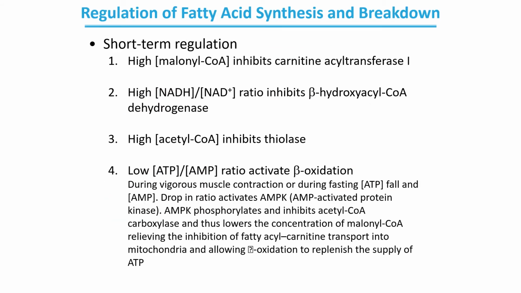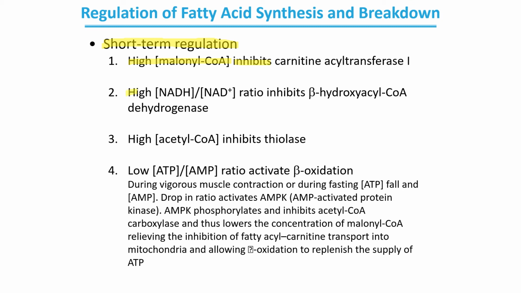Next is the short-term regulation of beta oxidation, and there are mainly three molecules that inhibit it. High malonyl CoA will inhibit beta oxidation by acting on the carnitine acyl transferase, or CAT1, enzyme.